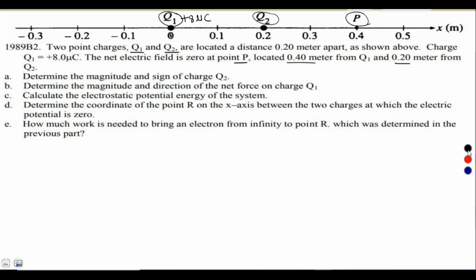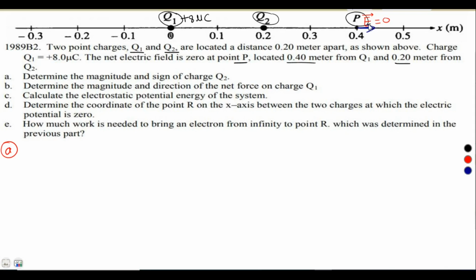So let's see. The first part, we have to find the magnitude and the sign of Q2, right? Since the electric field at point P is 0, how is it possible? Let us see. Since Q1 is positive, the electric field due to this Q1 will be in this direction, right?